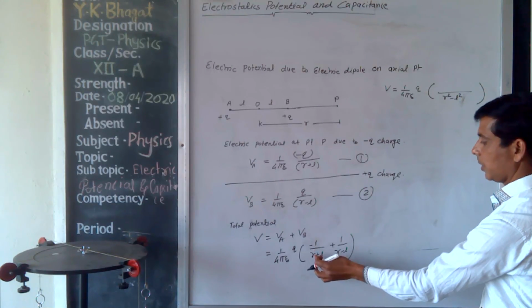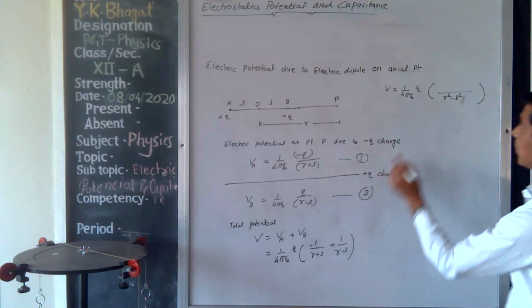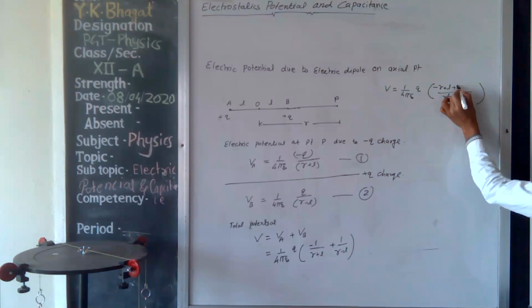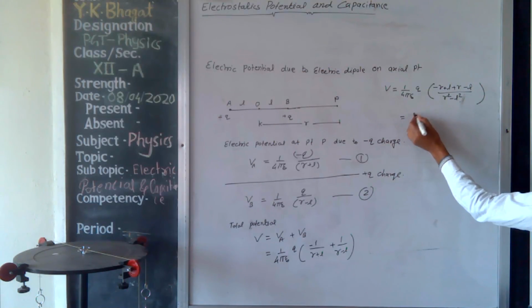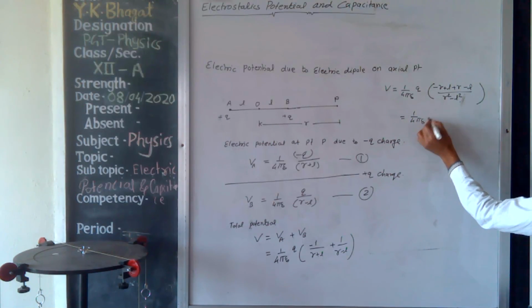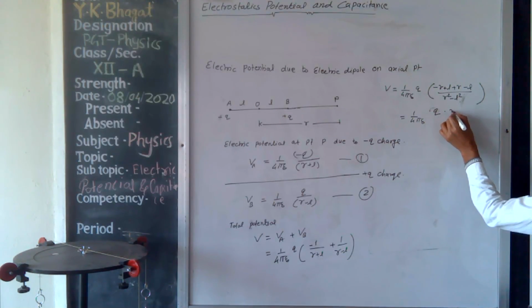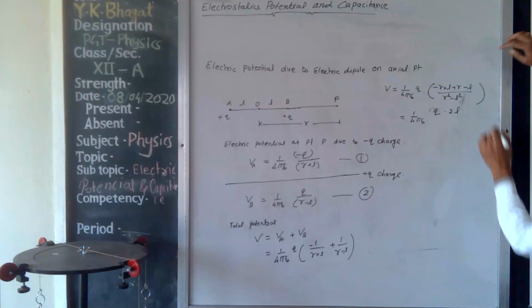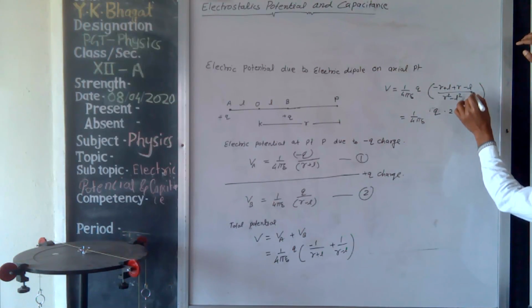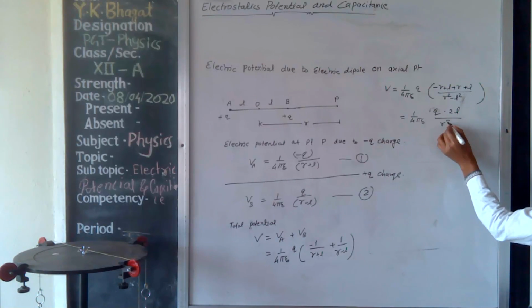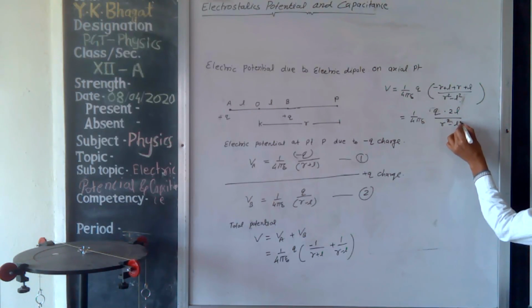So r plus L goes here, r minus L minus r plus L, and here plus r minus L. Then 1 upon 4 pi epsilon naught q into 2L. It becomes positive. R and r cancel, then the only remaining terms will be L plus L, 2L upon r square minus L square.